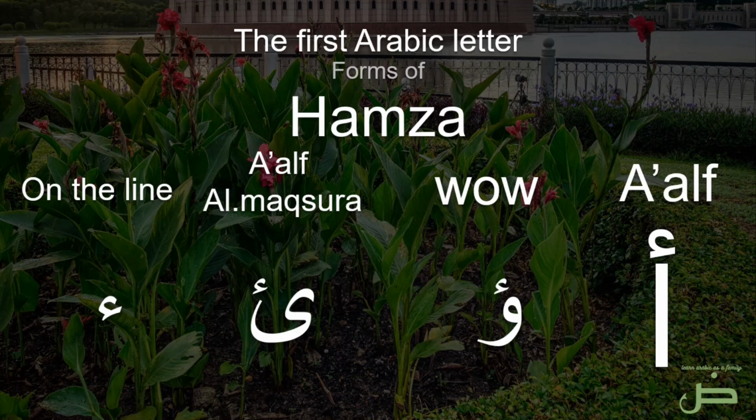The second form, where Hamza is placed on top of another letter of the Arabic alphabet, which is Waw. It can also be placed on top of Alif al-Maqsura, or simply on the line, Hamza.